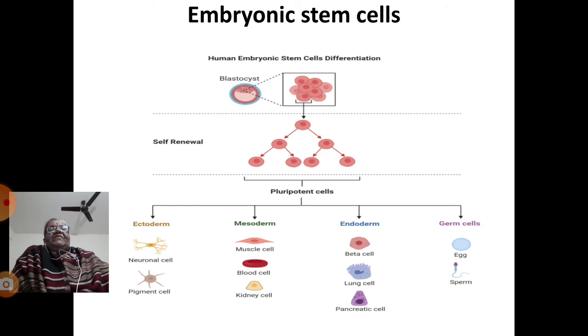This is the schematic representation where you have embryonic stem cells present as a mass of cells in the blastocyst stage, and they are capable of self-renewal as I have taught you earlier, and they produce pluripotent cells. So ectodermal cells, mesodermal cells, endodermal cells and germ cells like this, okay?